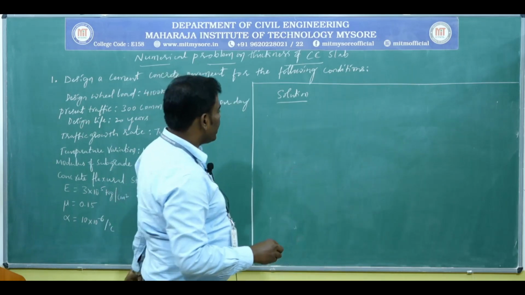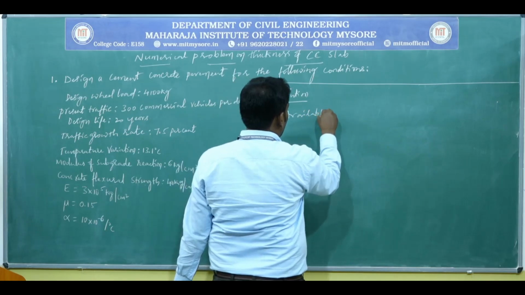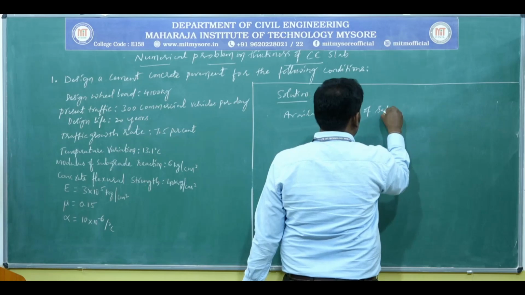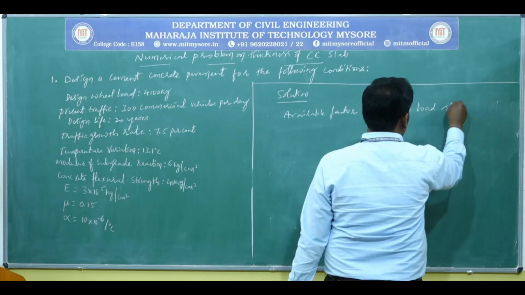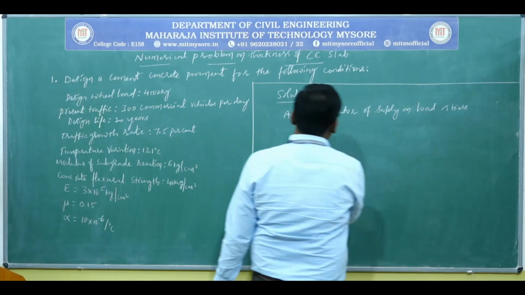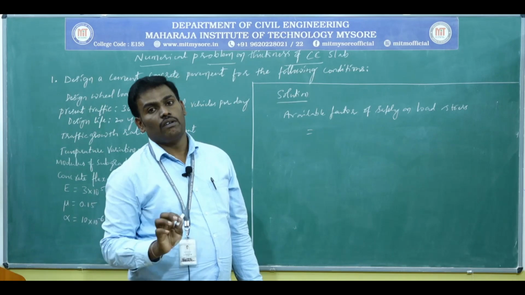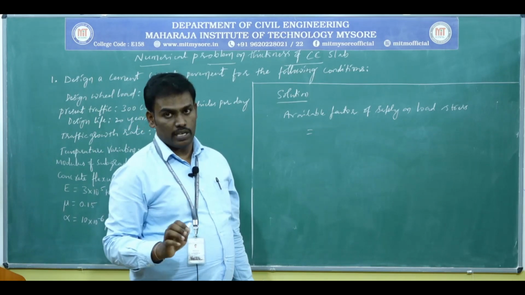Next it is available factor of safety on load stress. Usually available factor of safety on load stress is the ratio of residual strength of concrete and the load stress.